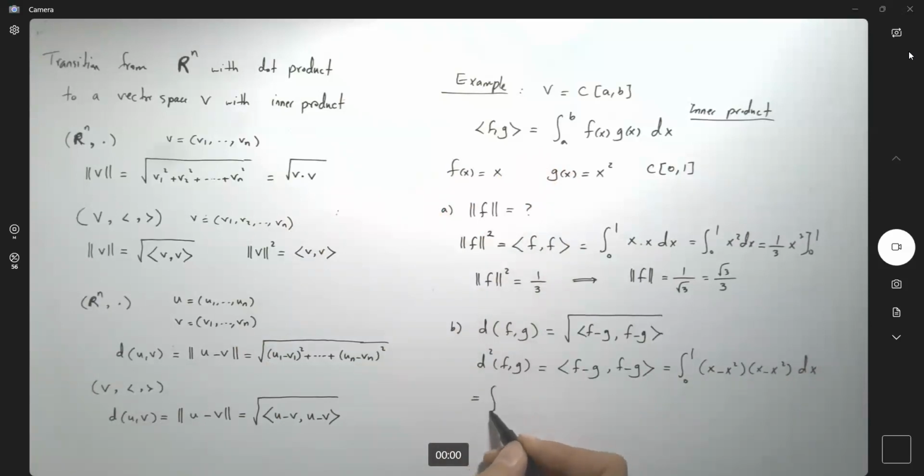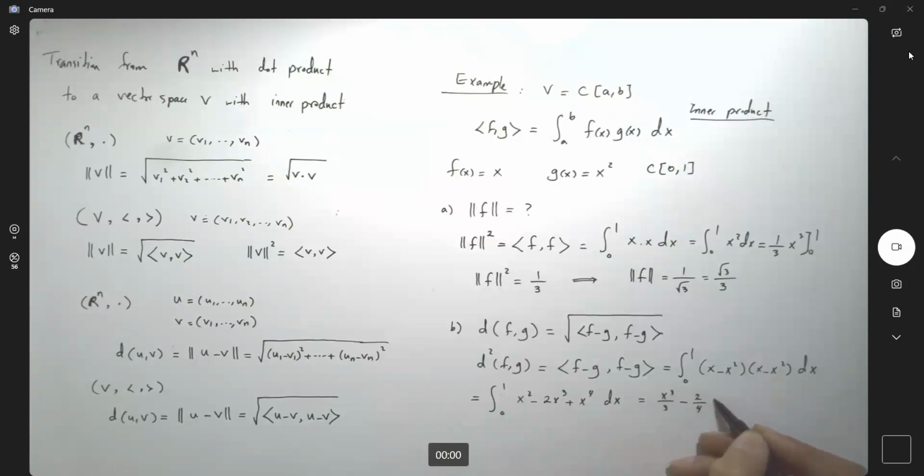This is easy for you. You saw this in elementary calculus. You get the integral from 0 to 1, and you can do the distribution. You get x squared minus x cubed minus x cubed, negative 2x cubed, plus x to the 4th dx, which is basically x cubed divided by 3 minus 2/4 x to the 4th plus 1/5 x to the 5th, from 0 to 1.